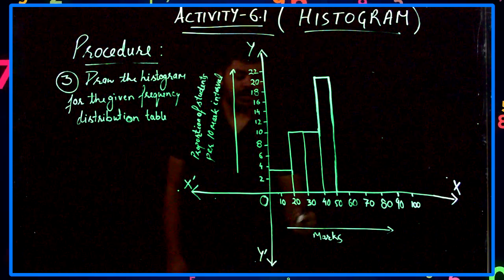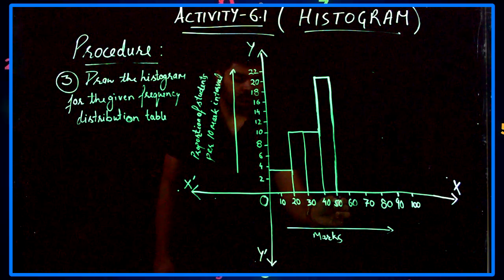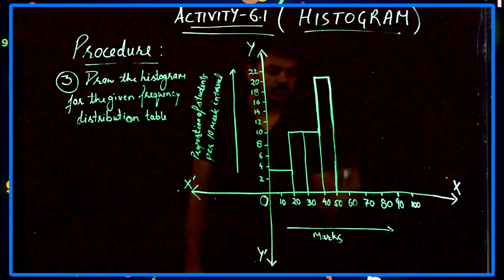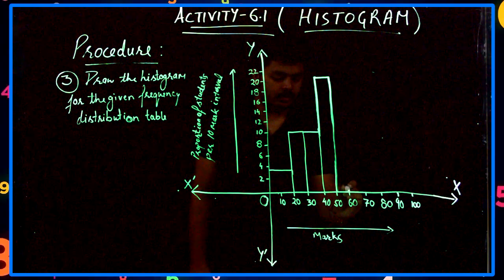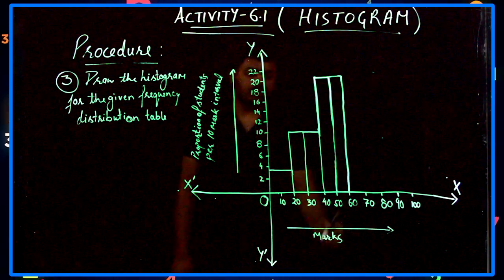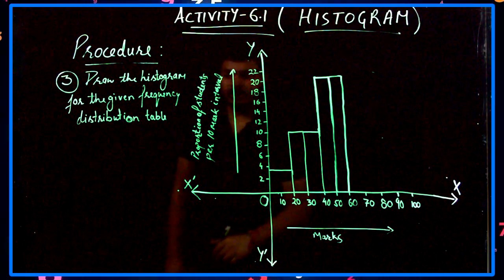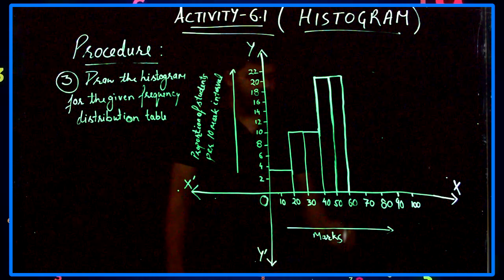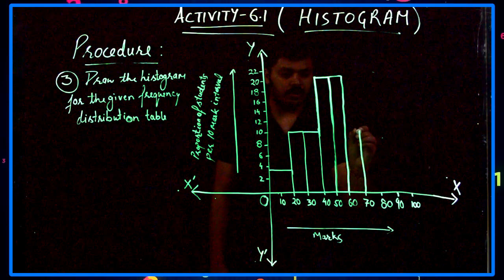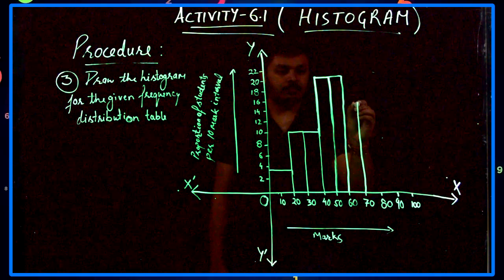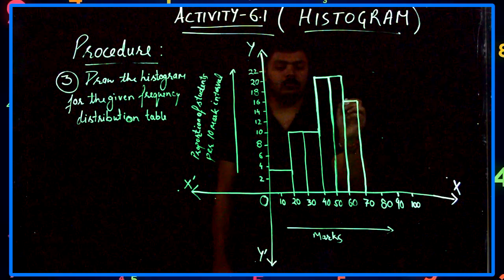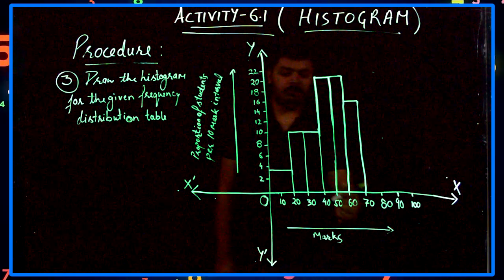Similarly, for the class 50 to 60, the modified frequency is 20, so again draw and join the two. For the class 60 to 70, the frequency is 15, so draw a straight line up to 15 and join the two.